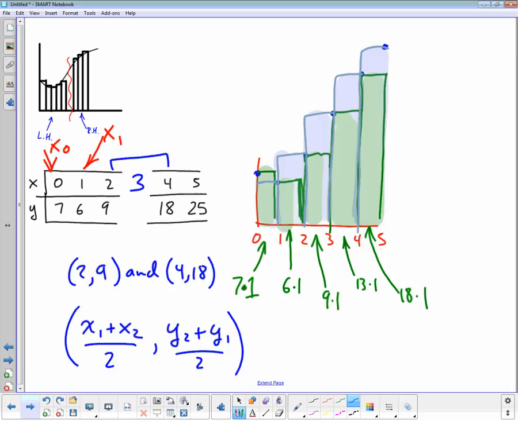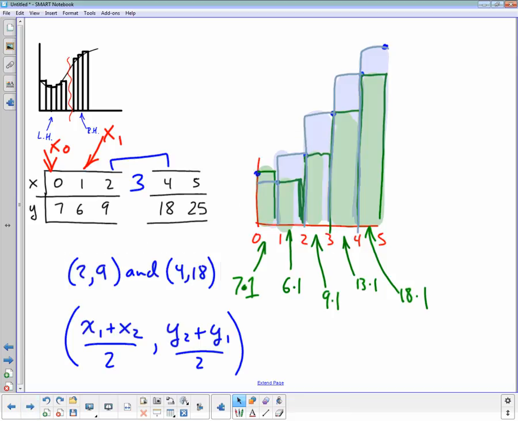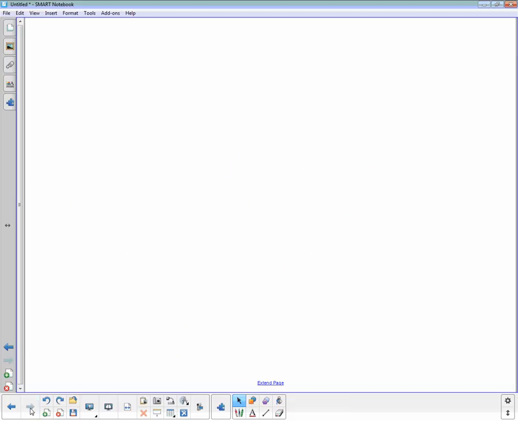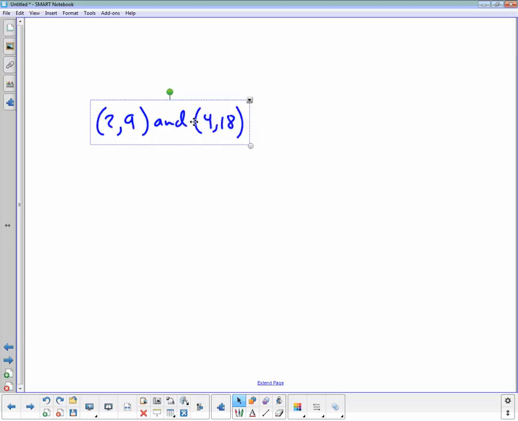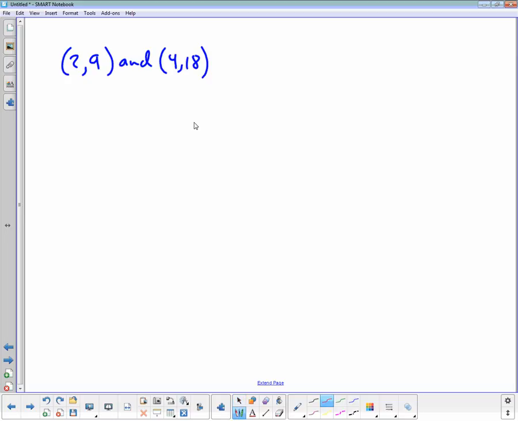But if you didn't have it exactly at 3, and maybe you were looking at it at, say, 2.5, now you're going to have to find a line, okay? So this is the kind of thing that goes back to Algebra 1, but I've seen mistakes be made, and I want to make sure we're good.